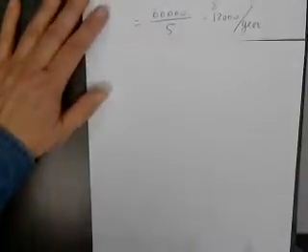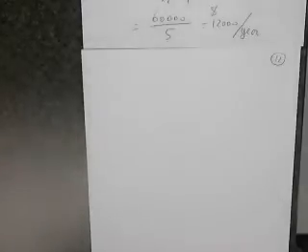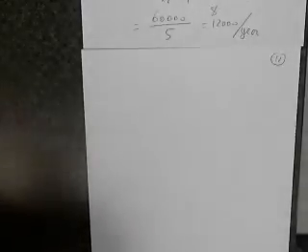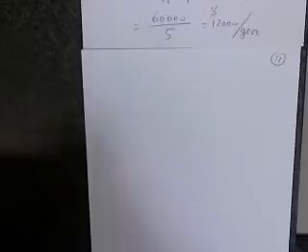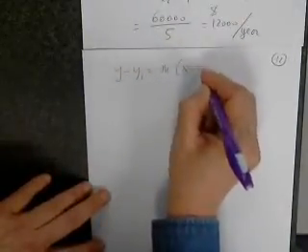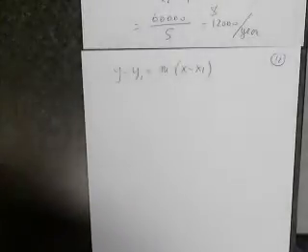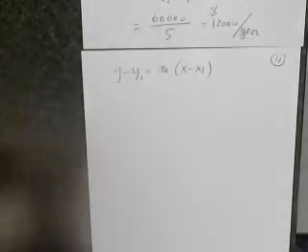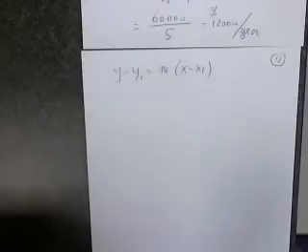Okay, now what? We only determined the slope. We did not determine the equation yet. What do I need to do next? y minus y1 equals that. Excellent. Thank you. So write those numbers underneath.